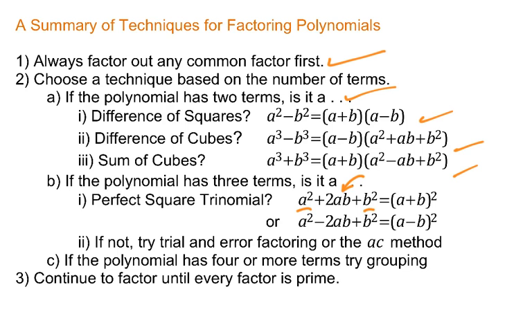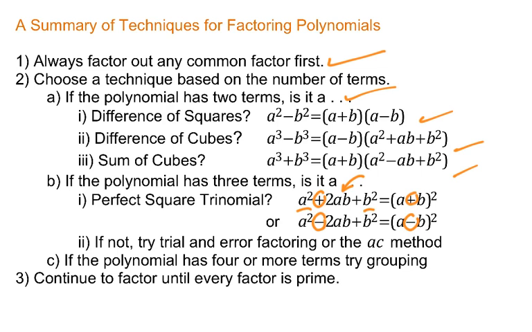That's true whether there's a plus sign or a minus sign in the middle. The only difference is where the plus or the minus goes in the formula. Either one of those will factor as a binomial squared, a perfect square trinomial.